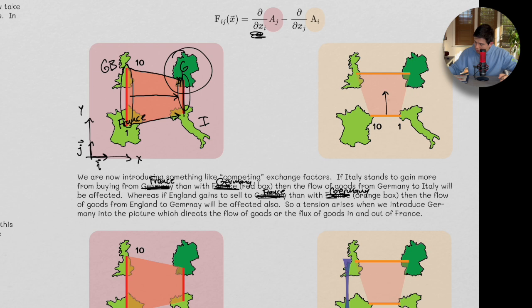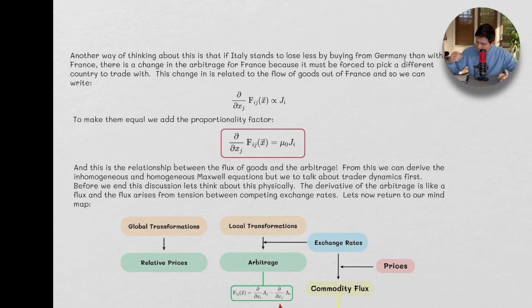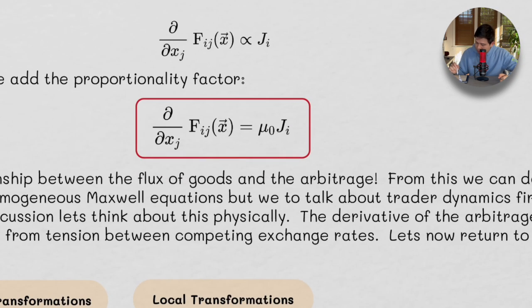One way we can think about this is this index matches this index, okay? And what we're left with is the I index, okay?